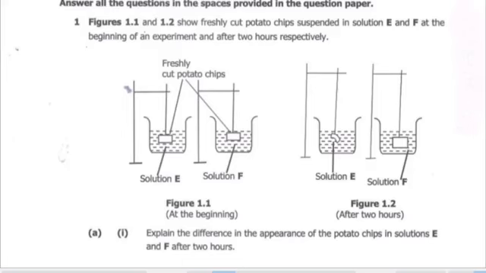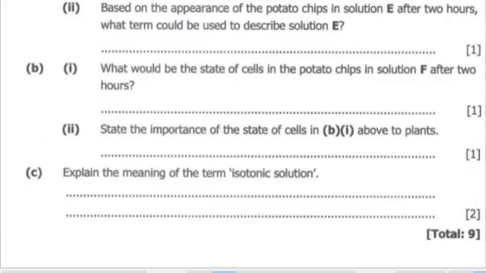So we have said this potato chip in solution E has become smaller and it has lost water by osmosis. So the term that can be used to describe solution E is hypertonic solution. Okay, it's hypertonic solution. So that is our answer there.